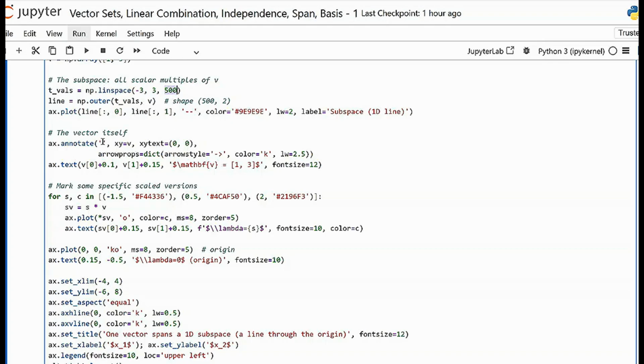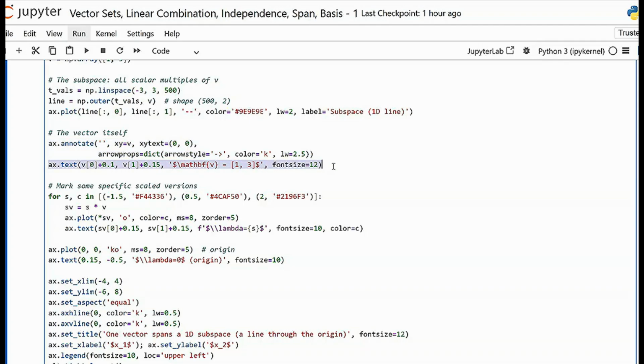And yes, we have the plotting functionality. This plots the resulting points, forming a line through the origin, drawn as a dashed line, and it represents the subspace. Next, we draw the original vector v as an arrow, and label the vector.